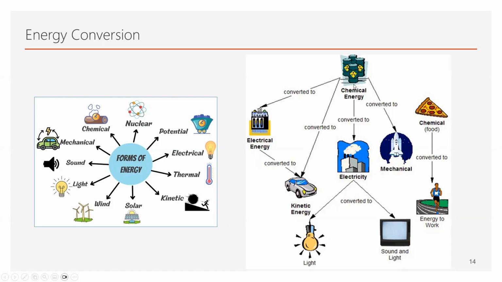We can also convert chemical energy into mechanical energy, for example in rockets and jet aircraft. And if we consume food, we get energy to work. So these are different sorts of energy conversions.